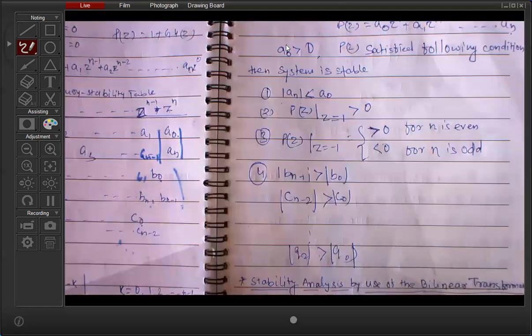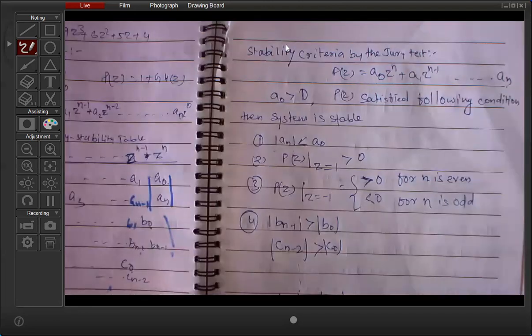So if all conditions from 1 to 4 are satisfied by any polynomial P(z), then you can say that its corresponding system is stable. Stable means its poles, or roots of the characteristic equation, lie within the unit circle.